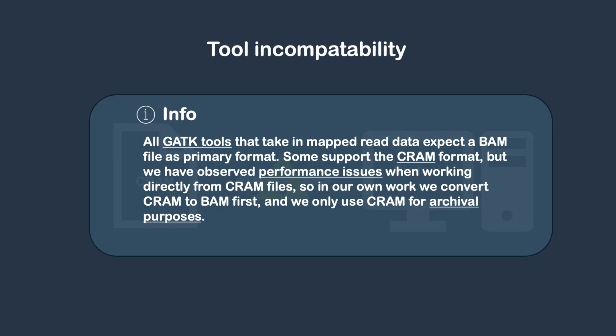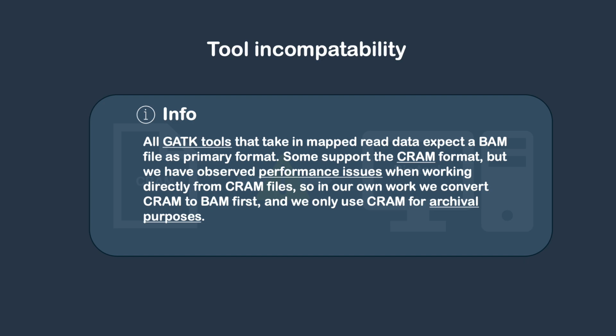Let's actually read a quote from the GATK tools documentation. If you're not familiar with GATK, it's a popular software tool for performing variant analysis, identifying single base substitutions and indels. So here's the quote. All GATK tools that take in mapped read data expect a BAM file as primary format.